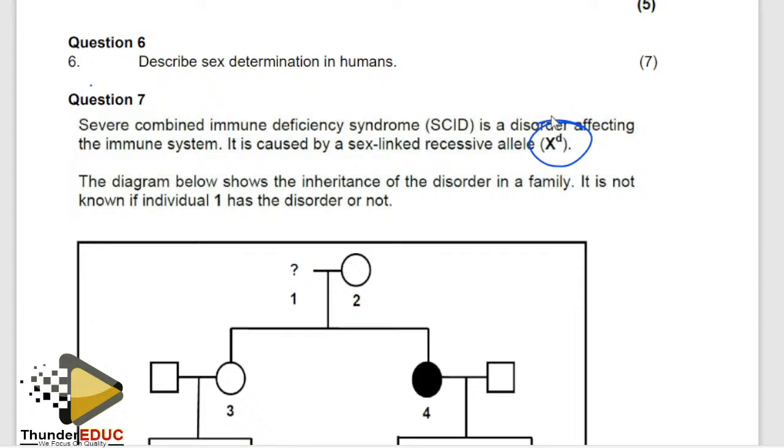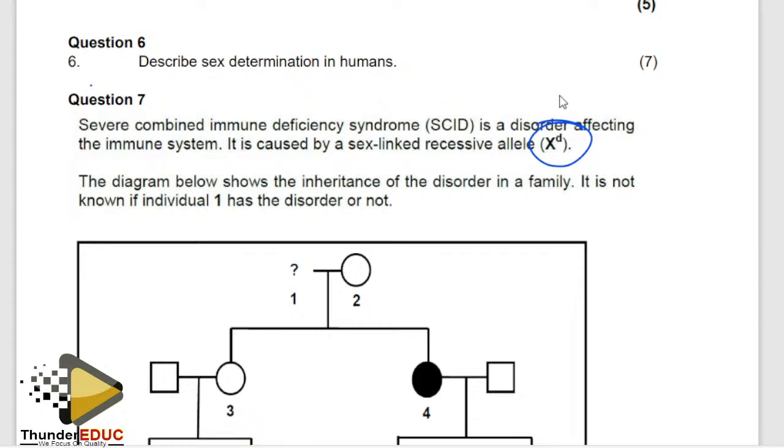The second thing you need to know, guys, I repeat, I'm putting down the pen and the mouse. I wish you could see me the way I'm begging you. Please identify whether it's caused by a dominant allele or a recessive allele.